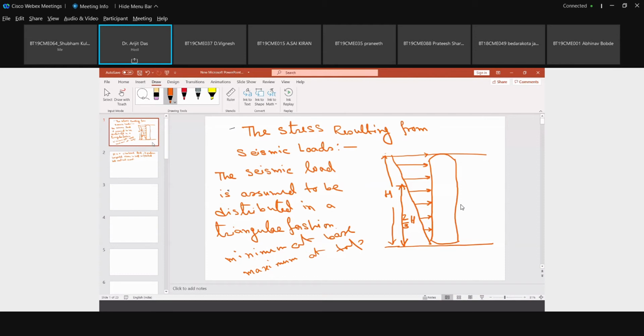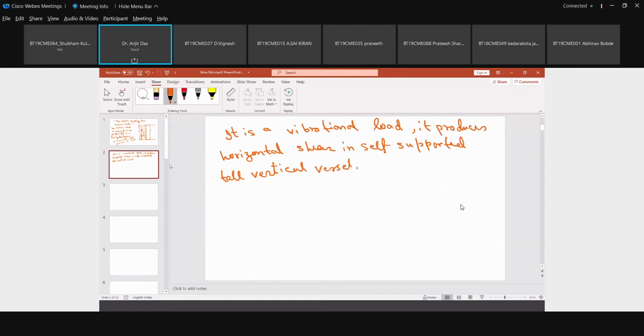Okay, so for calculation simplicity, the seismic load can be estimated as F equal to seismic coefficient multiplied by the weight of the vessel.